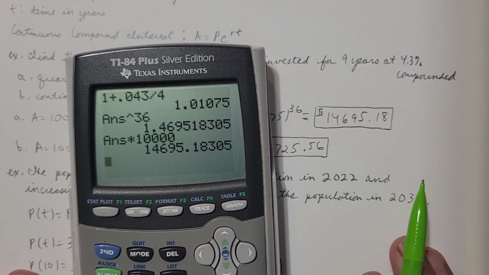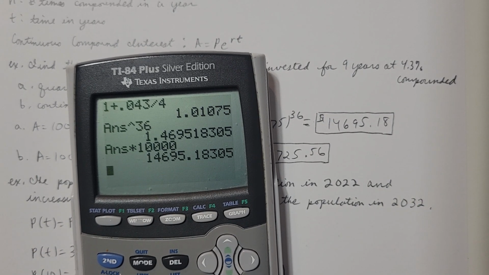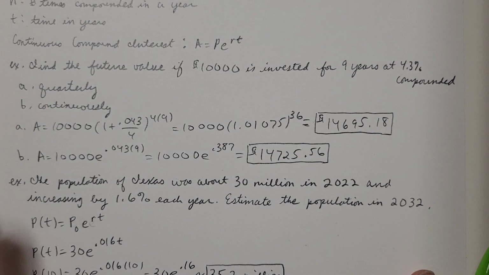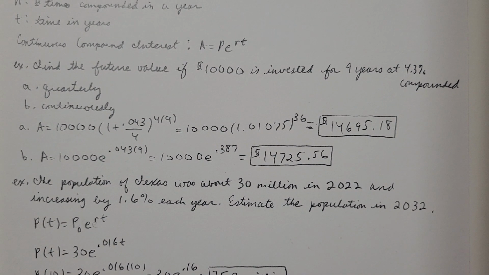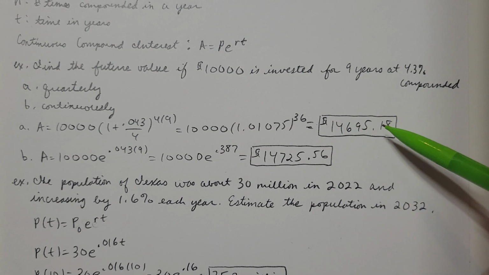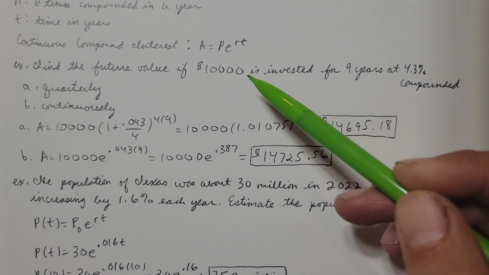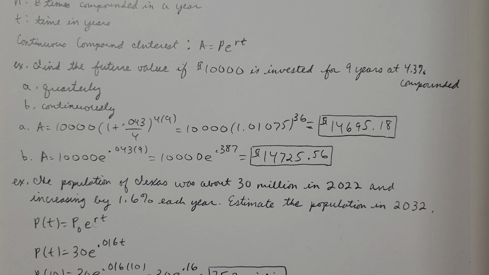There shouldn't be any issues with rounding because you're working with money, so go to the nearest cent, rounding to two decimal places. So if we just let the money sit there and do its thing, in 9 years this is how much money we'll have if we started off with $10,000.